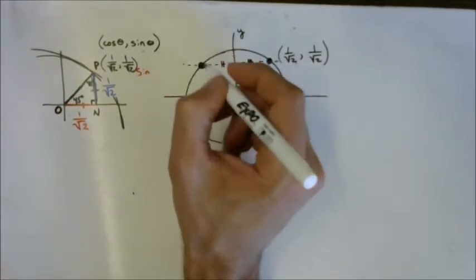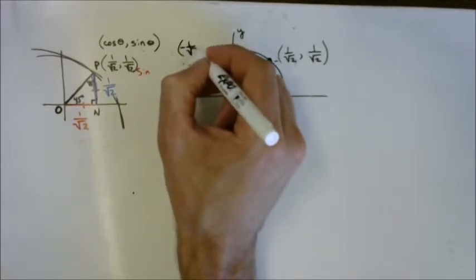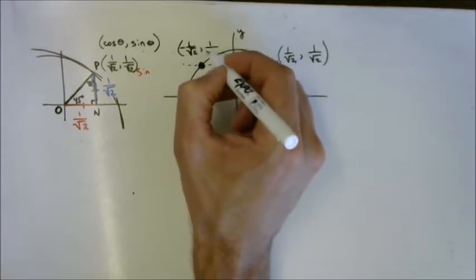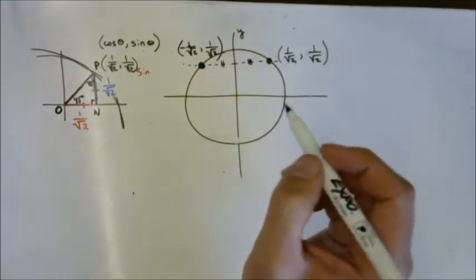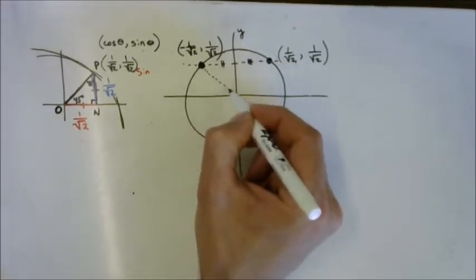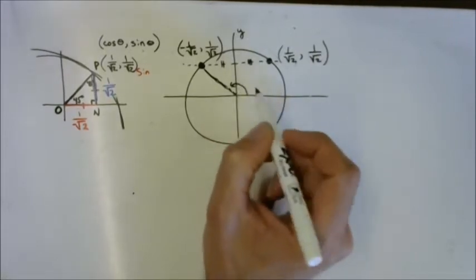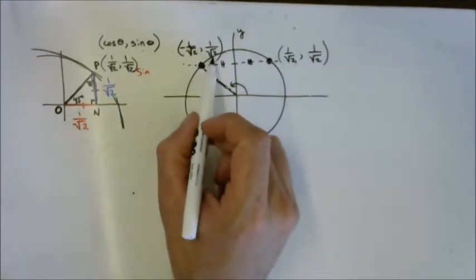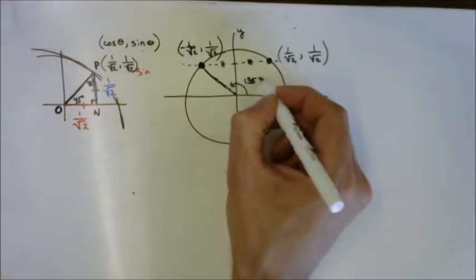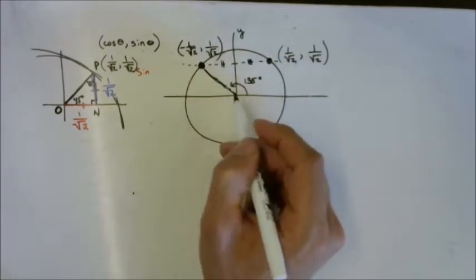So all that happens here for this point is that the x-coordinate is now negative 1 over radical 2, but the y-coordinate stays the same, 1 over radical 2. Well, what angle would this be? What did we actually just figure out? You now know the sine and the cosine of the angle 135 degrees. Right? 90 plus 45.